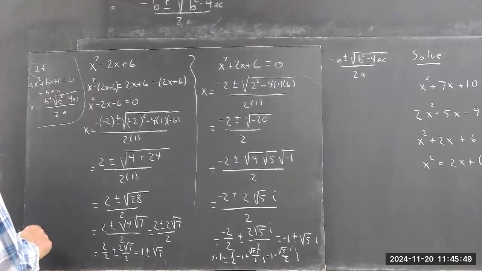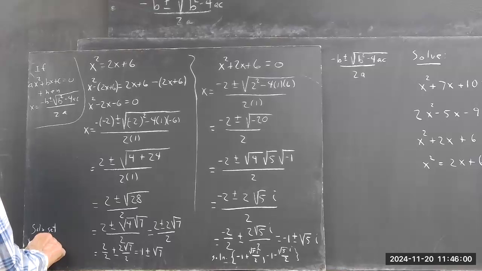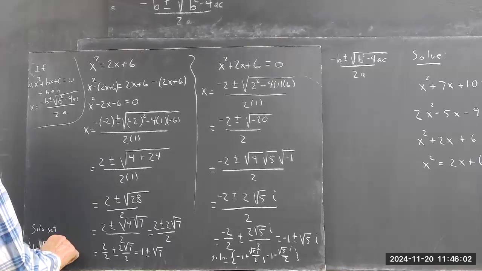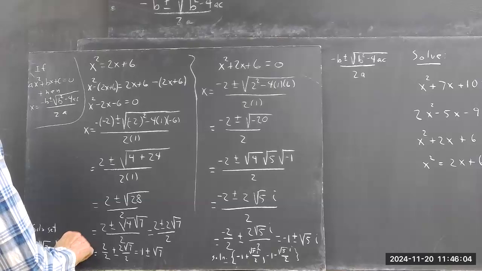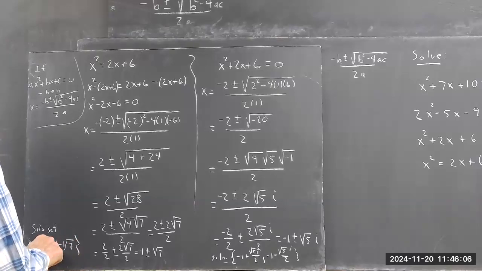Okay, so your solution set is one plus the square root of 7, and 1 minus the square root of 7.